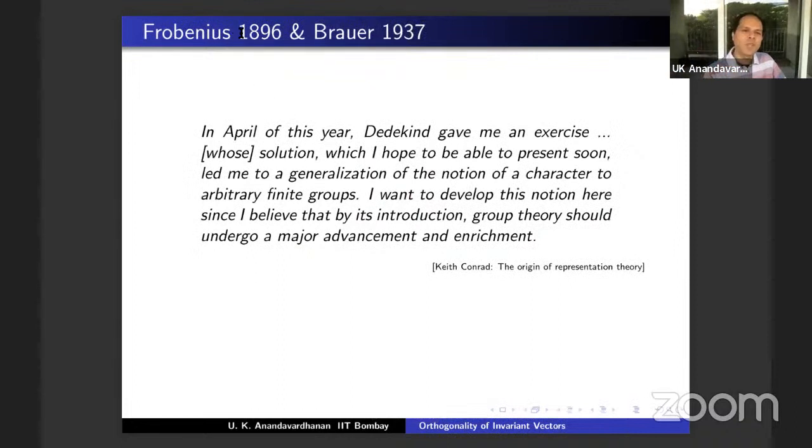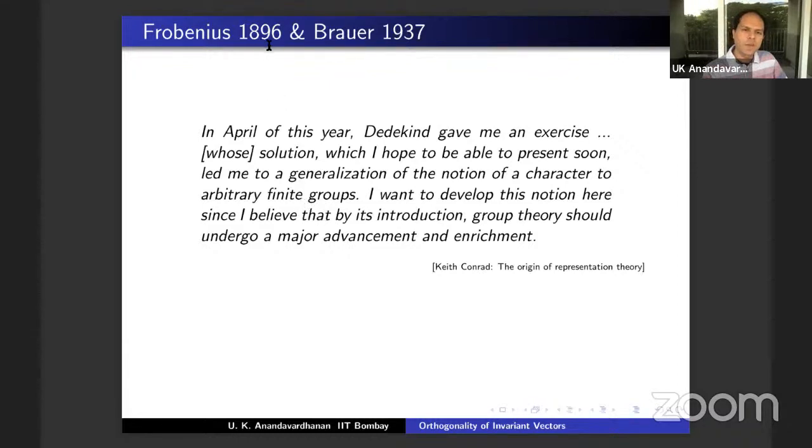So Frobenius, I am putting a year 1896, and Richard Brauer, I am putting a particular year 1937, because it's in 1896 that general representation theory, somehow Frobenius dreamt of it or worked it out or whatever. In fact, I saw this particular quote while preparing for this talk yesterday evening. It's from a historical note by Keith Conrad on his website. So this is a German paper, and this is, I guess, Conrad's translation.